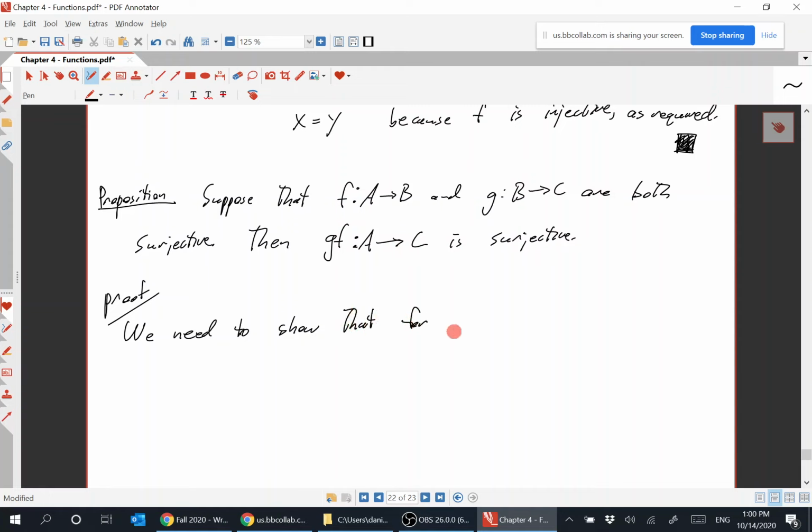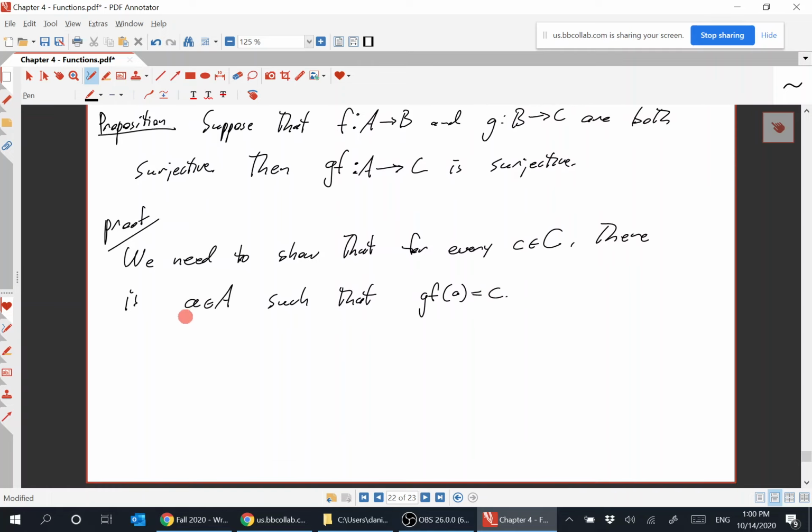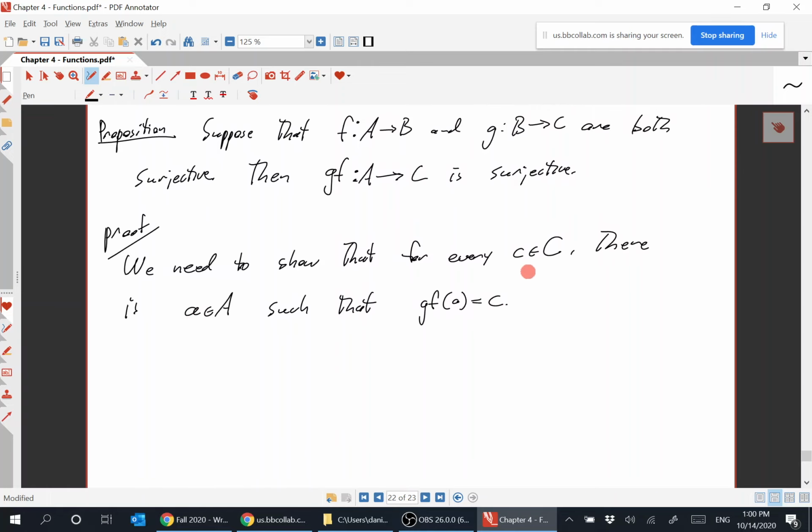That for every little c in capital C, there is little a in capital A, such that g following f of a is c. Okay, well, because g is surjective, what can we do with c?